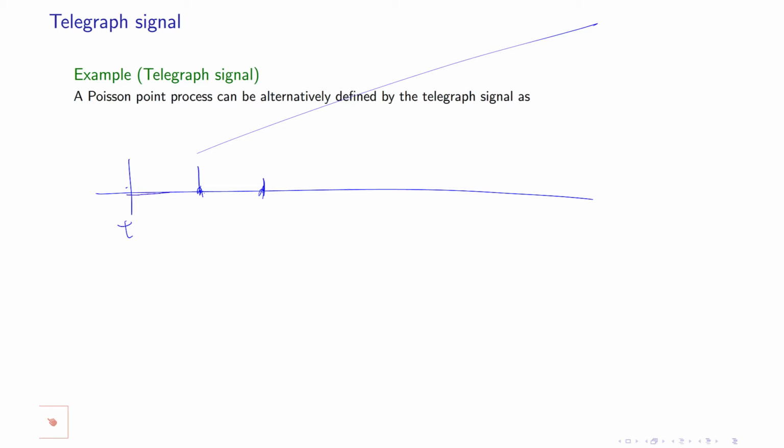So in the first interval we put 1, and in the second interval we put -1. So a telegraph signal is a binary signal which starts at 1, and at the discrete points it toggles to -1, and so on.